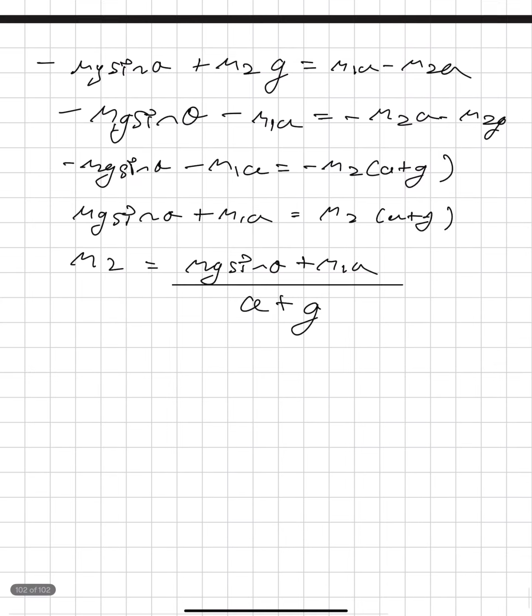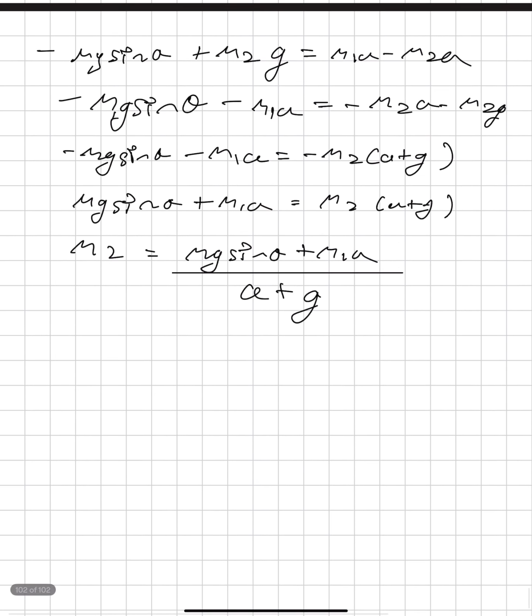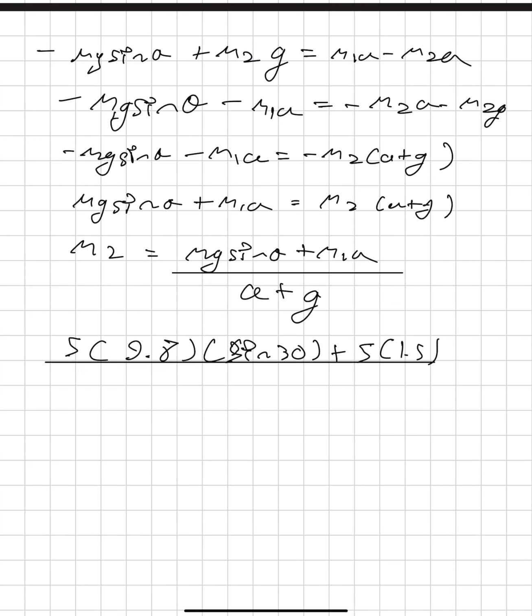Now by substituting the values, we'll basically get the answer. m1 is 5 kilograms, so this is equal to 5 into g, which is 9.8, into sin 30, since theta is 30, plus m1, which is 5, and acceleration, which is 1.5, upon 1.5 plus 9.8.